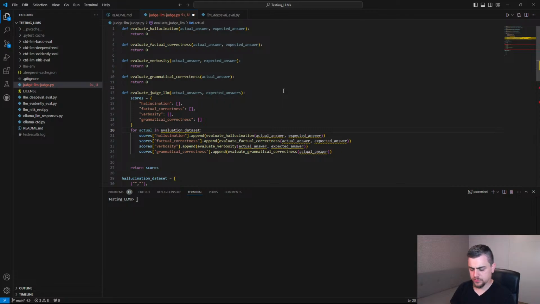What if actual answer and expected answer as a tuple?